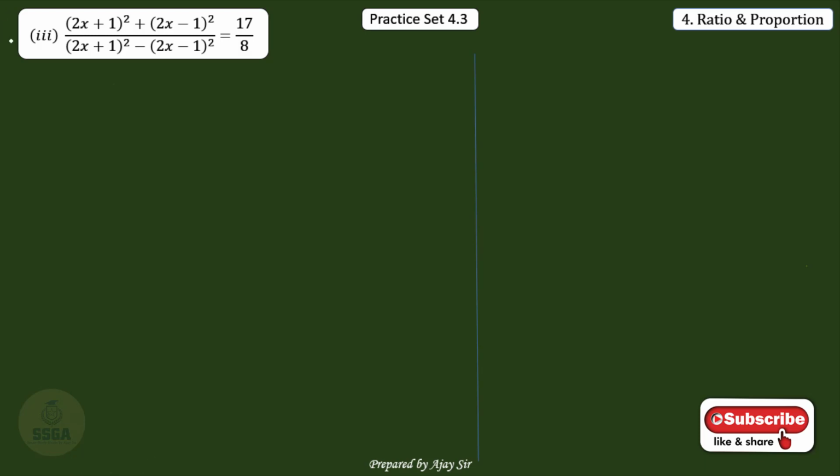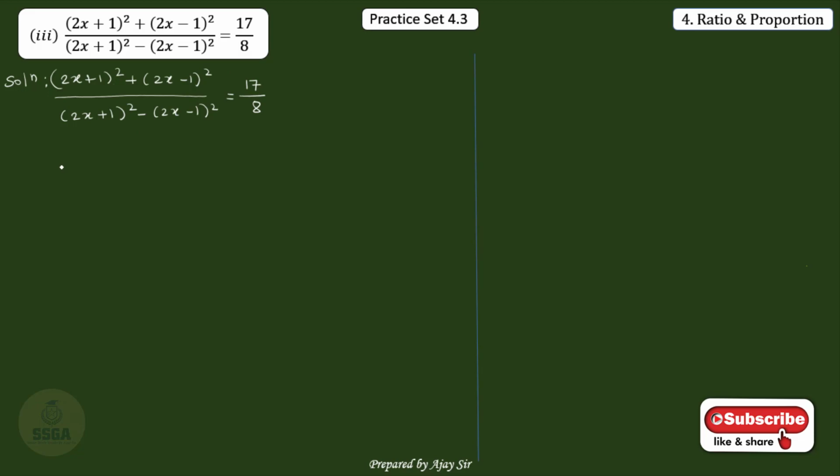So the solution is: the given question is (2x plus 1) bracket square plus (2x minus 1) bracket square, divided by the denominator (2x plus 1) bracket square minus (2x minus 1) bracket square, is equal to 17 by 8.